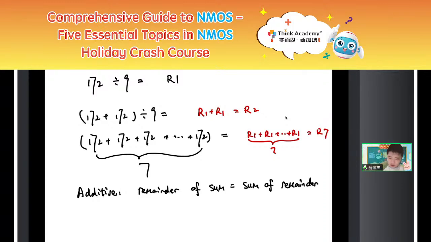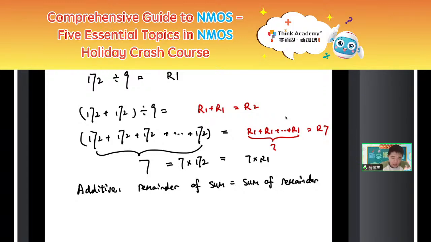Now, guys, actually, if I add 7 172s together, you can also calculate it as 7 times 172. Right? So does that mean our remainder is also 7 times remainder 1? So here comes another property of the remainders, that it's multiplicative.